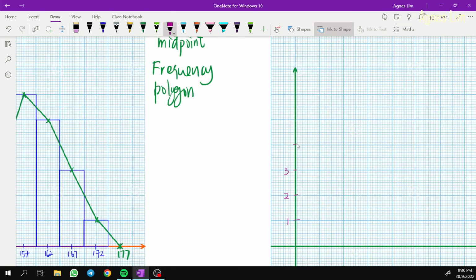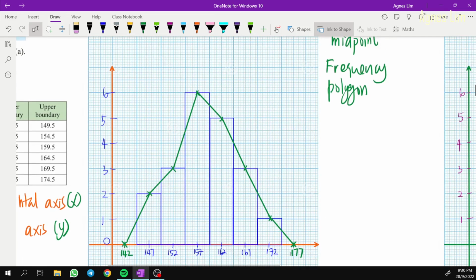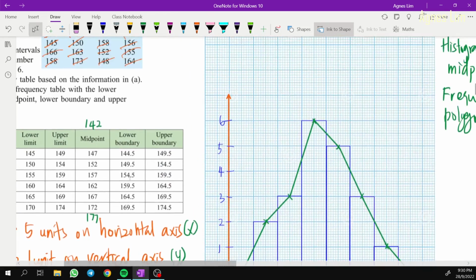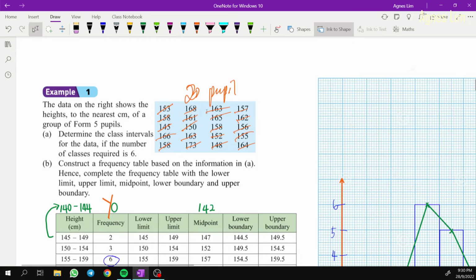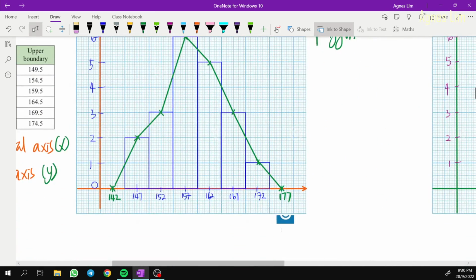Oh, I forgot. Later I need to teach you how to label. Okay, before we go, our x-axis needs to be labeled. So you need to look at the question. What is the information, the data about? If you read, it is about the height. So our x-axis, you need to label with height in centimeter.